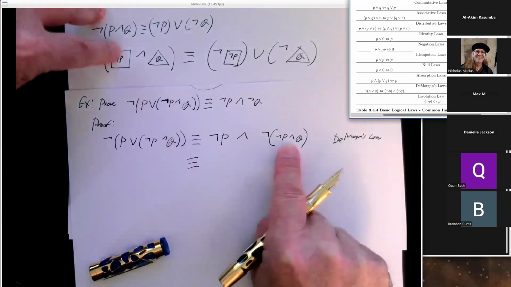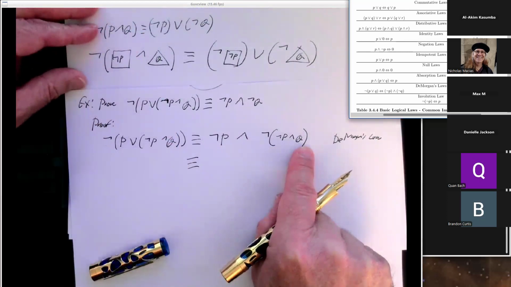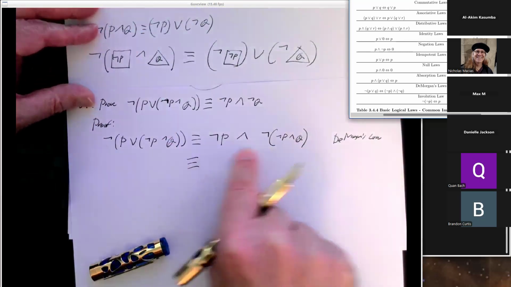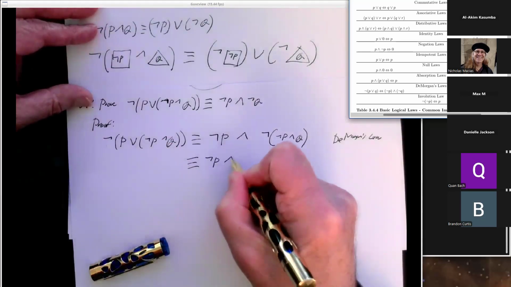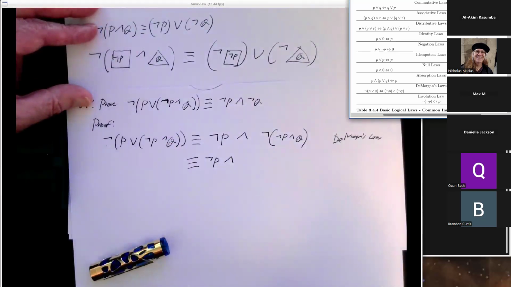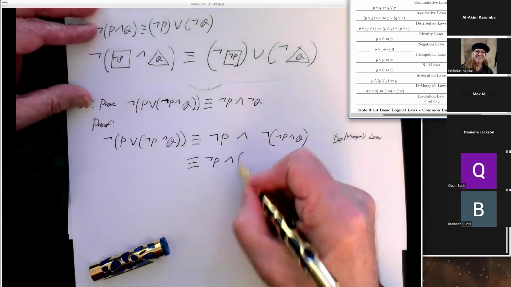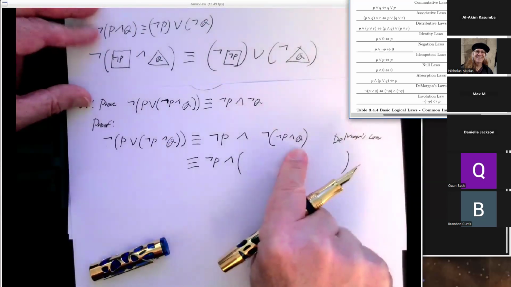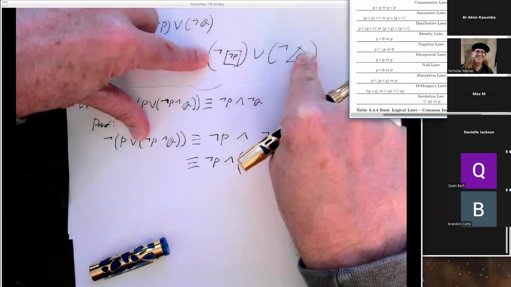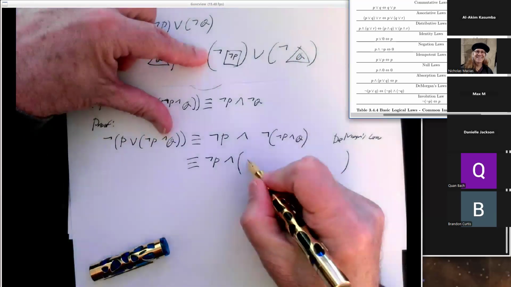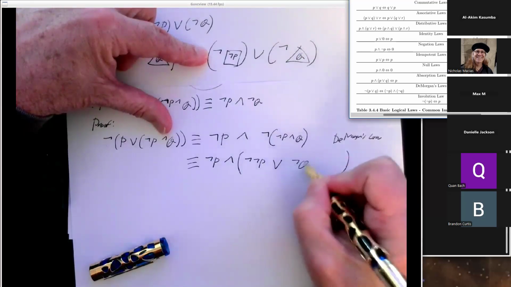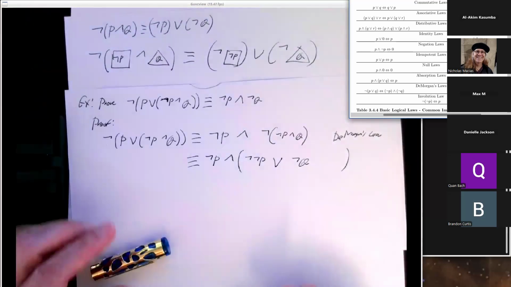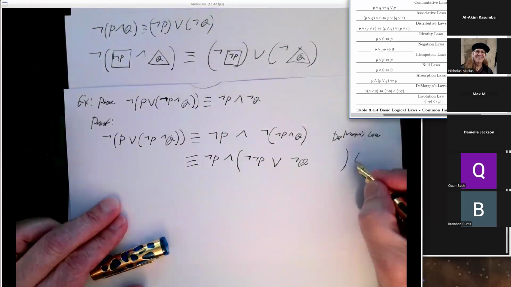Not parentheses, not P and Q. So this whole proposition on the right should be equivalent to not P ANDed with, and I'm just going to replace this with what De Morgan's law says it's equivalent to, which is not P or not Q. And it's De Morgan's law.